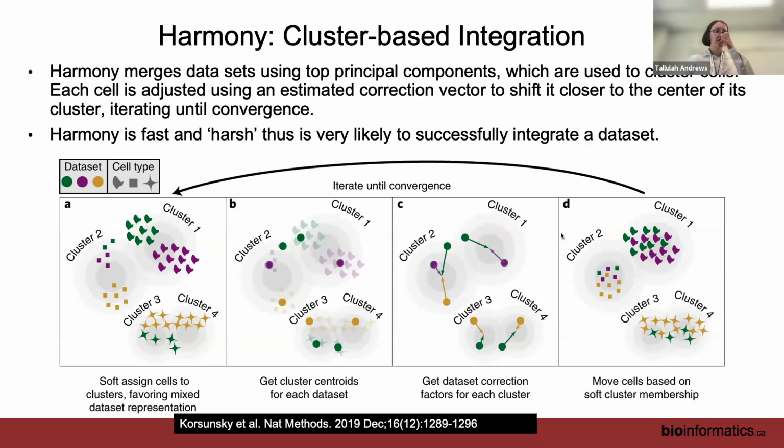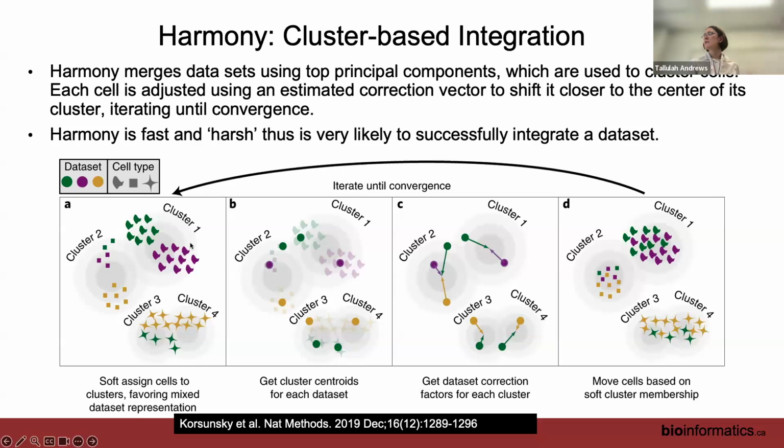So Harmony essentially is cluster-based, so it takes the cells in each of your data sets. If you look over here, we have each of our data sets marked in different colors, and the different shapes are different cell types. Harmony tries to form clusters between the different data sets. It then assigns each cell to the cluster it was assigned to.